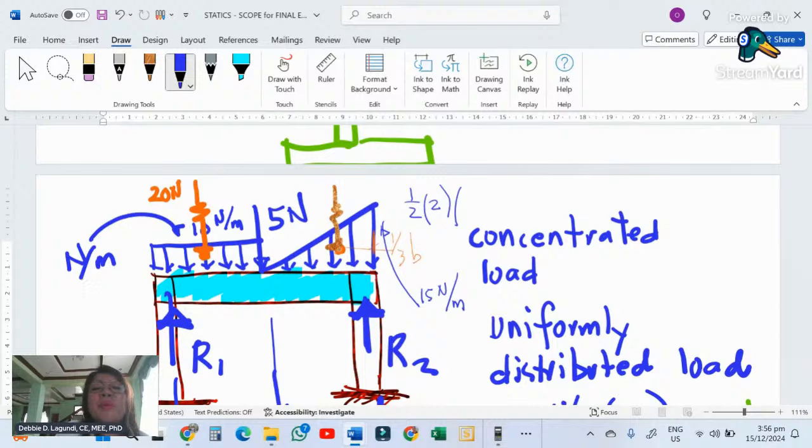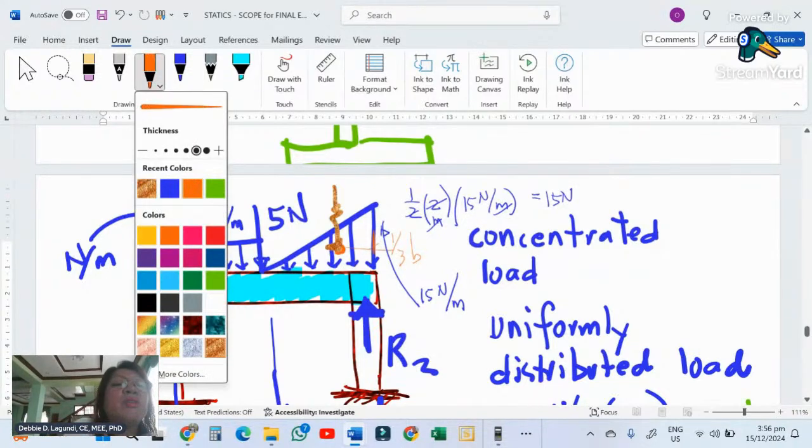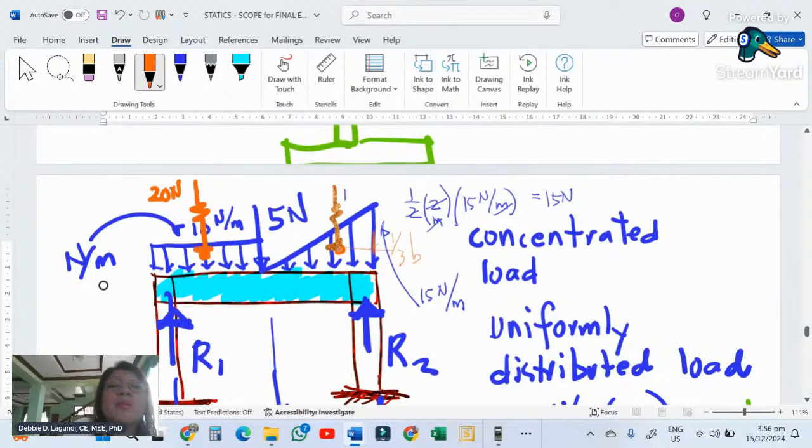So 1/2 the base times the height. The 2 here is in meters, the meters cancel out, you're only left with newtons, and the 2 and 2 cancel out as well. So you have 15 newtons at the CG of the triangle. Those are the loadings on a beam.